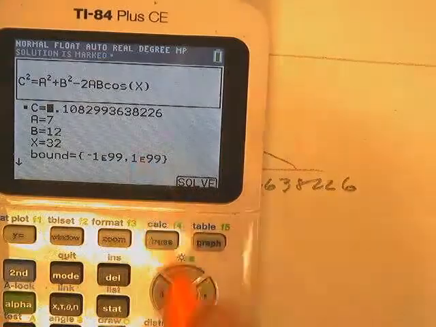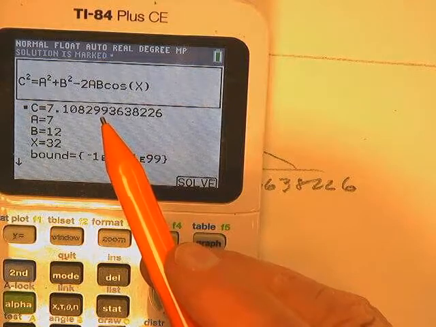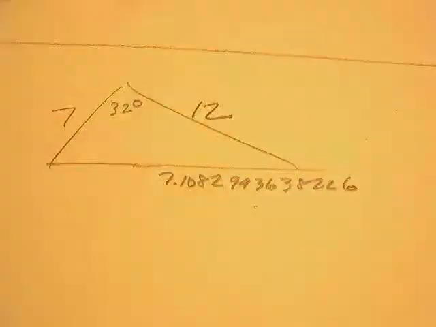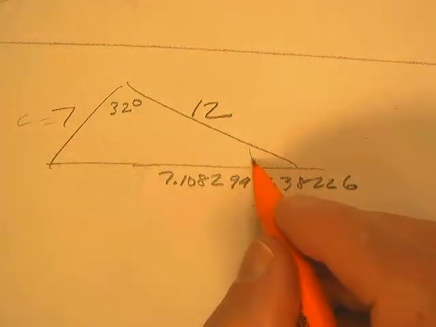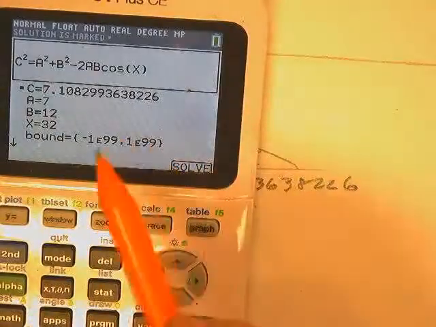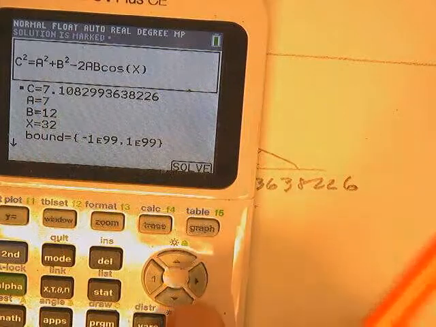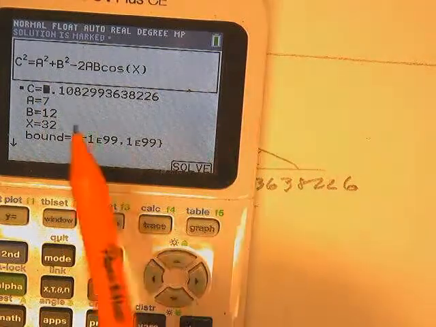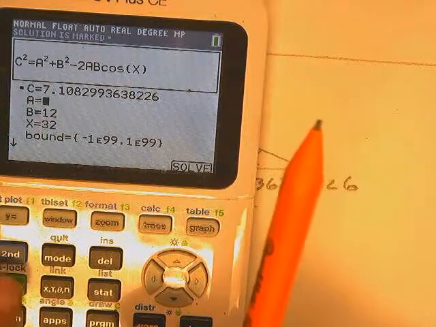But notice I've already got this side found and I don't ever want to have to retype it. So if I let this side be C and I'm going for this angle over here, X. Okay, so before I change C to 7, which was this side, I want to come down here and just put C in.